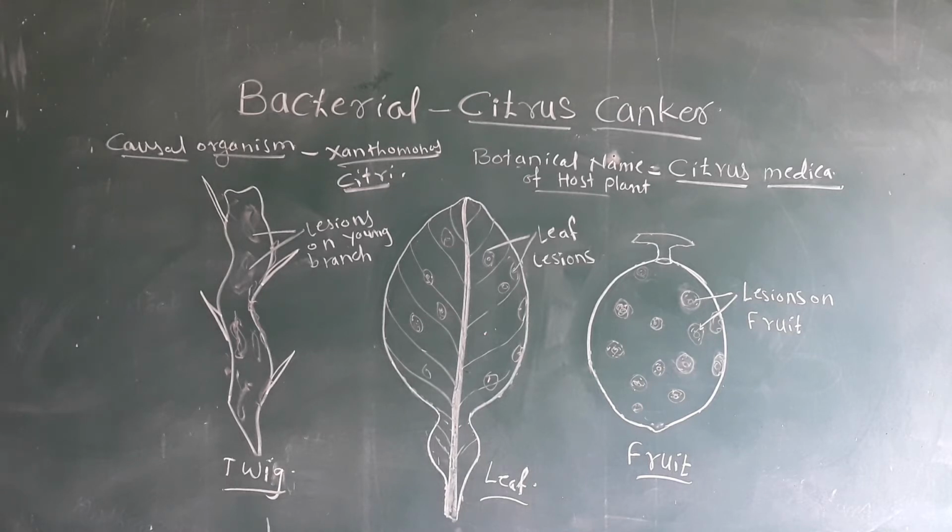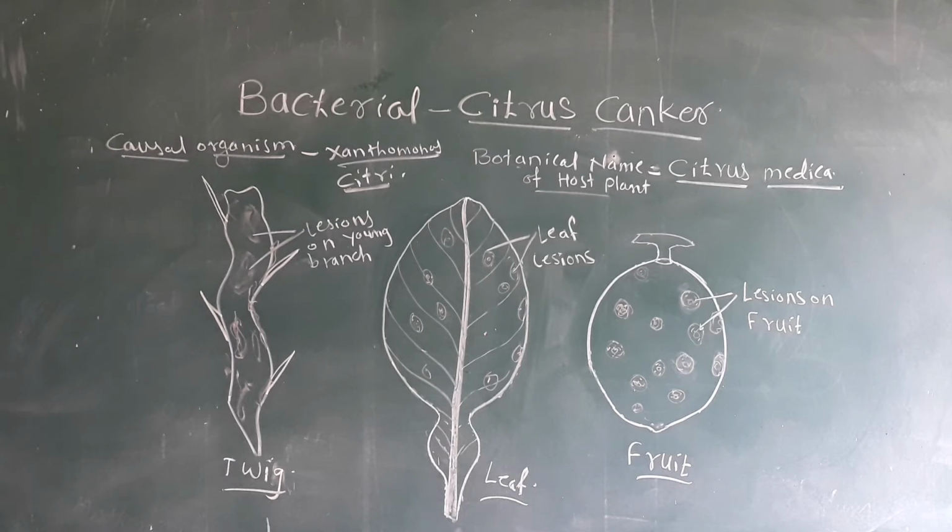But citrus canker is the disease found on the citrus plant, that is the lemon plant, and the botanical name of the citrus is Citrus medica. Citrus medica is the host plant, and on that the disease can be formed.